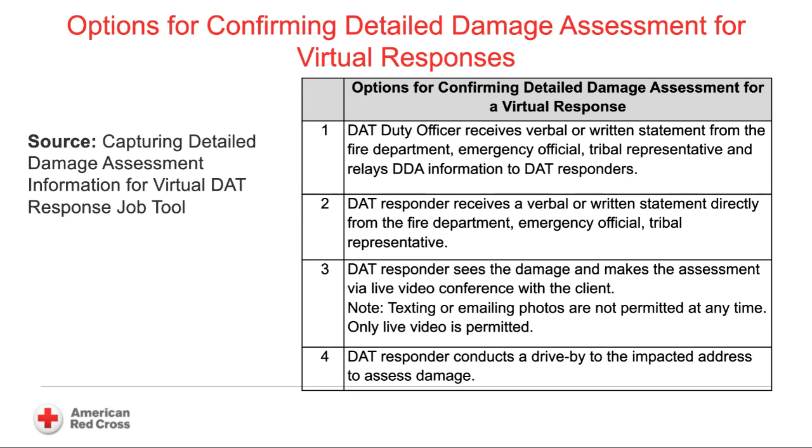So you can just send it to the DAT mailbox, any kind of follow-up question or if we need some further clarification. Happy to talk to you as well if you'd like that. Cool, thanks.